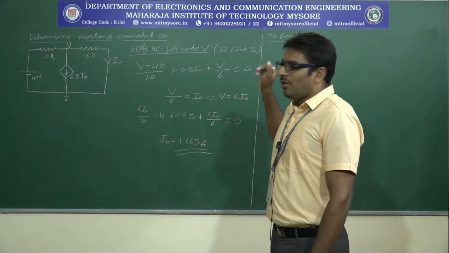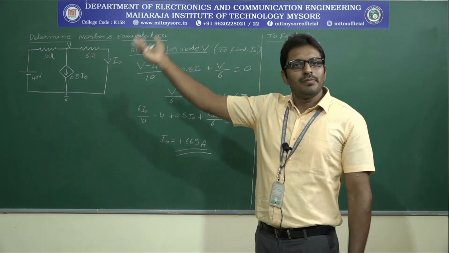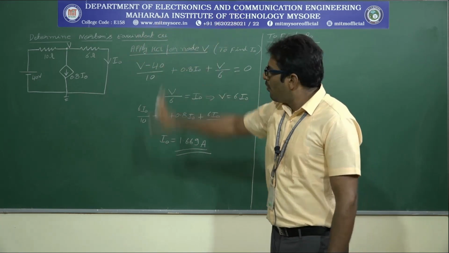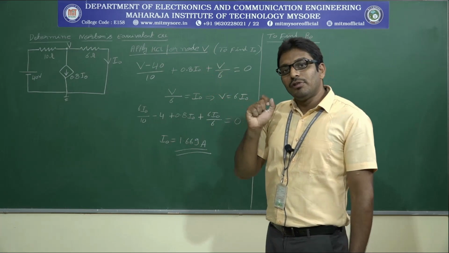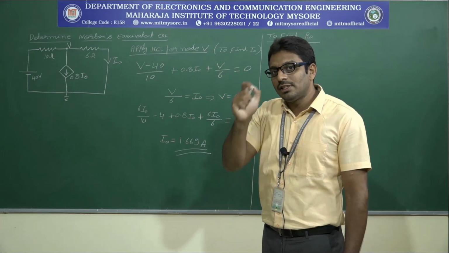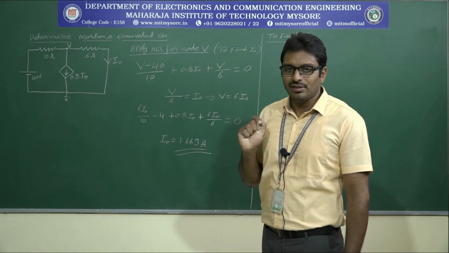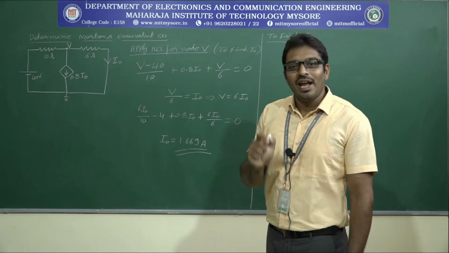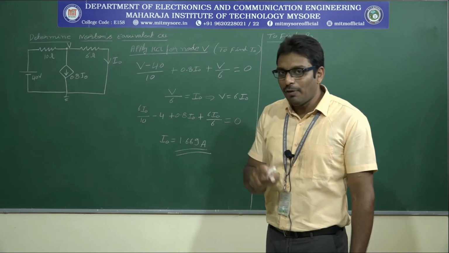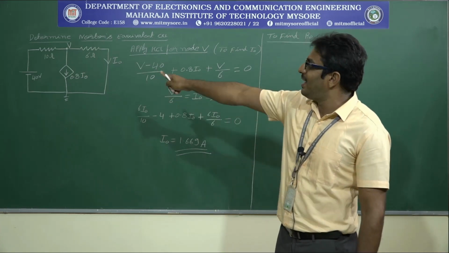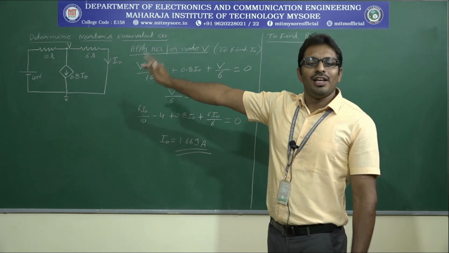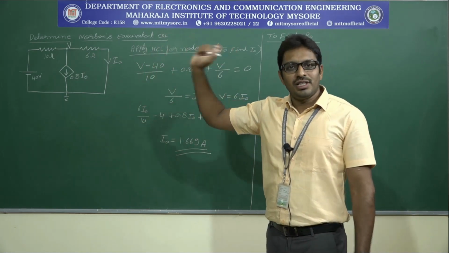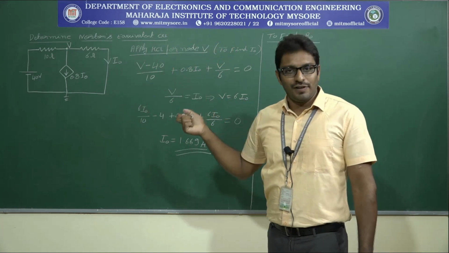Just remove the load, view from the load terminal into the circuit by replacing all voltage sources by short circuit and current sources by open circuit. Sorry, not all: independent voltage sources by short circuit and independent current sources by open circuit, not dependent current sources. If any circuit consists of dependent sources, the procedure to find out R0 is different.